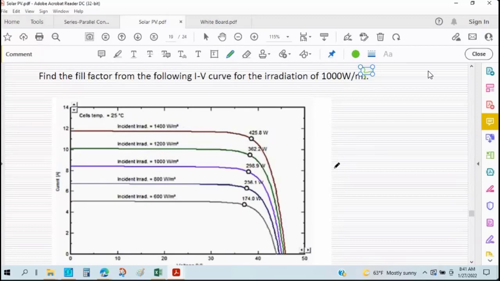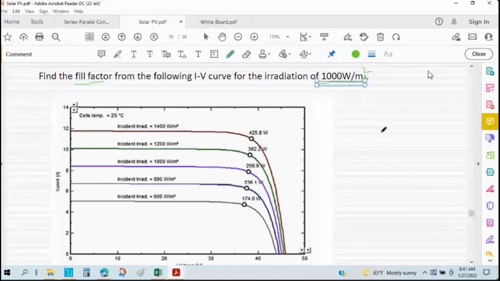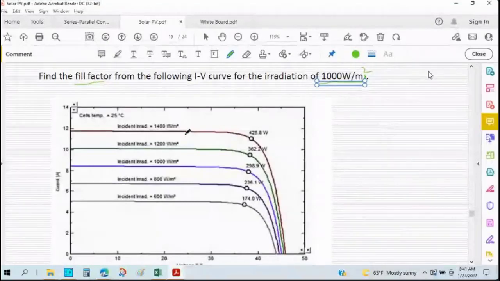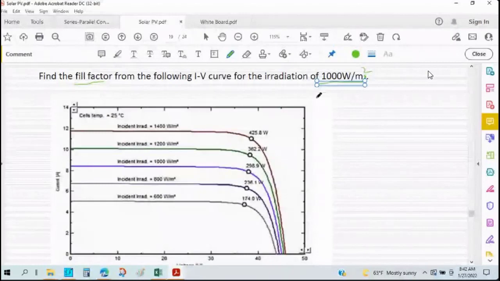What we have to do is find the fill factor from this curve, 1000 watt per meter square. Can you calculate the fill factor from the following curves for the irradiation rate of 1000 watt per meter square? What's the definition of fill factor?